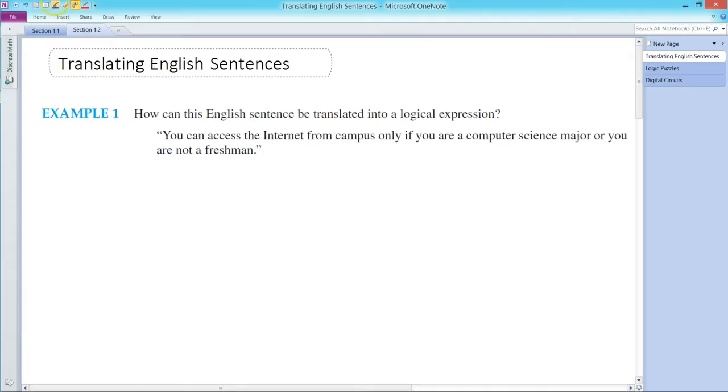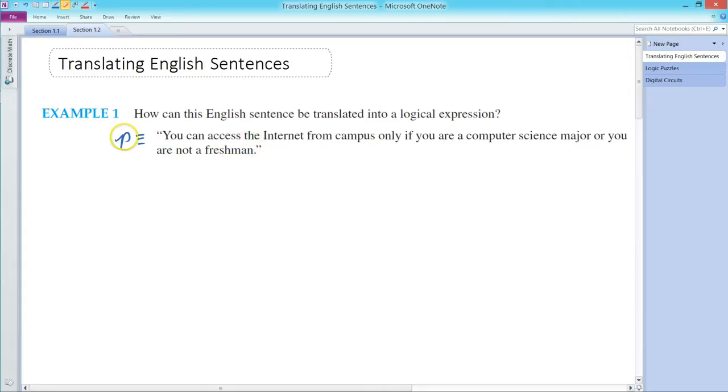Now, one can easily say P can be represented with just the whole statement here, and we're done. But of course, although this is correct, nothing is wrong with it, we can't do much with such a representation. We need to dig a little bit deeper into the sentence and try to build a logical expression through that.